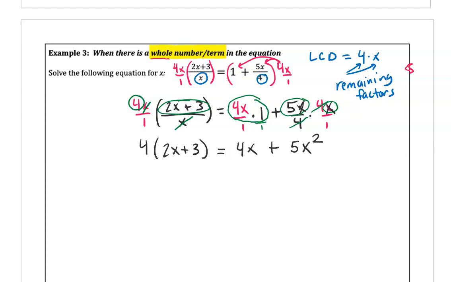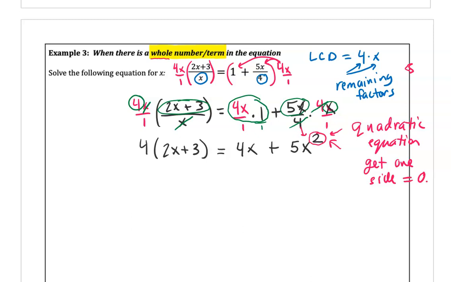So again, just like with the last example, this is where I have to pause and recognize this equation has now turned into a quadratic equation. That is because one of my x's is now squared. So this is where I change course, and I now try to get one side of my equation equal to 0.